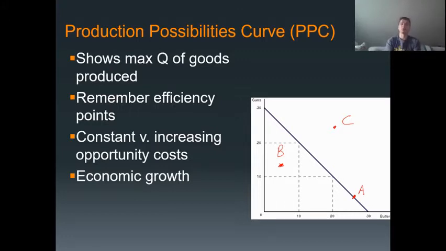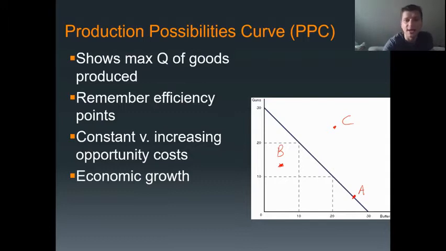Economic growth exists when you have a sustained change to one of the factors of production. There is a slight chance that they might give you something about capital goods versus consumer goods, which will yield more economic growth. Capital goods yields more economic growth.